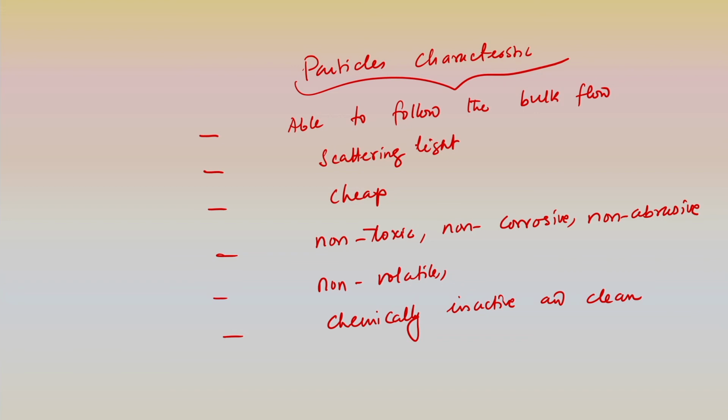Of course, the cost of the particle should not be very high, cheap, readily available, non-toxic, non-corrosive, non-abrasive, non-volatile, and the particles which are seeded to the flow should be chemically inactive and clean. So, these are the important points.